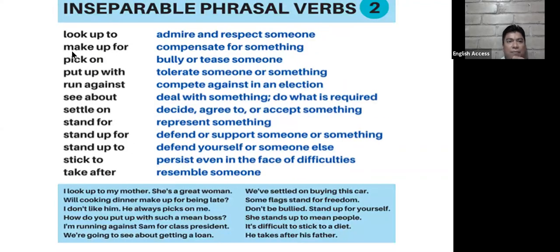Next. Look up to: admire someone. Make up for. Oh, we saw that yesterday, right? Put up with. Run against: to compete. See about: deal with something. Settle on: decide. Stand for: represent. Stand up for: to defend.